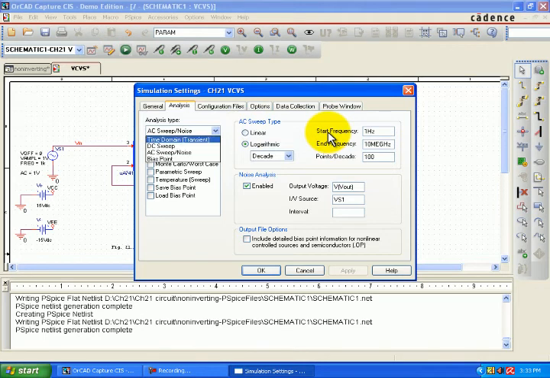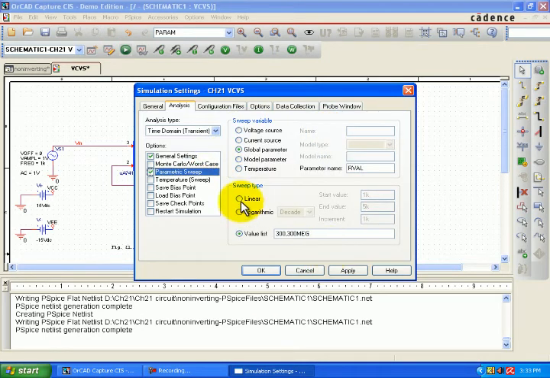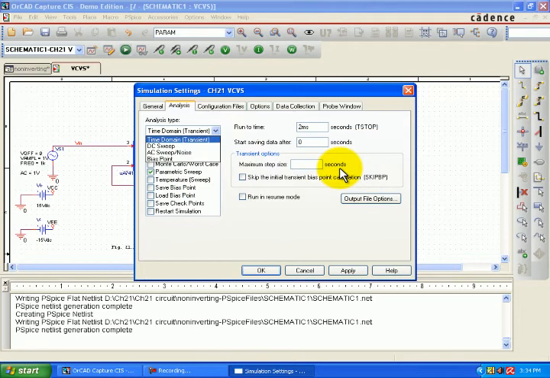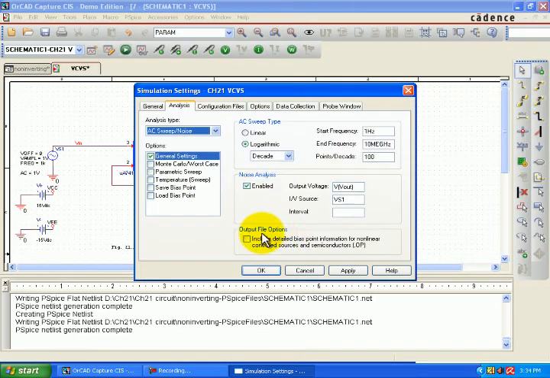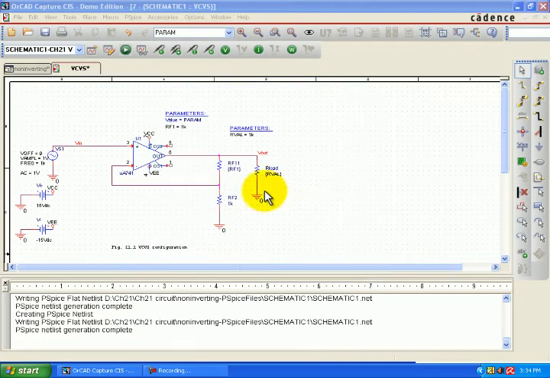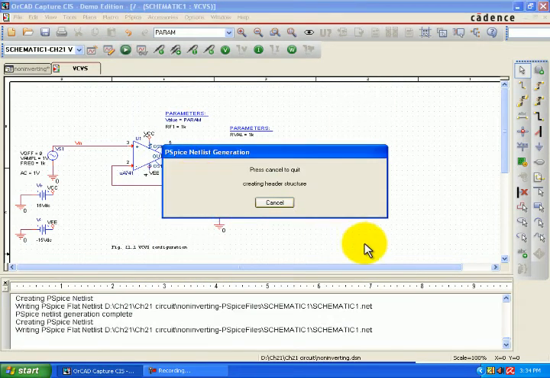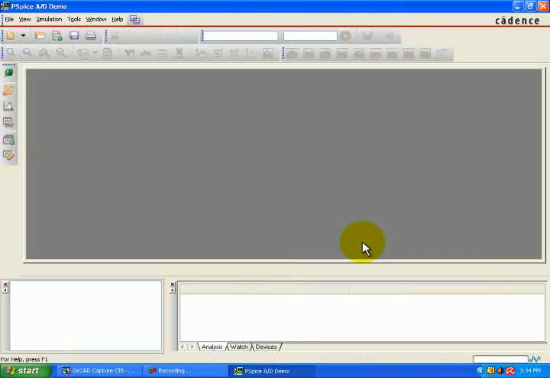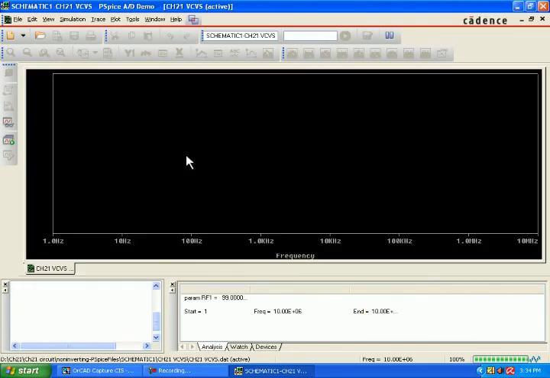We're going to give a DC sweep for this one. 1K and 9K will be different values of RF1 we're going to go through. We're going to generate a parametric sweep for that one.